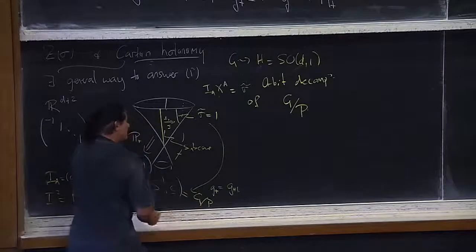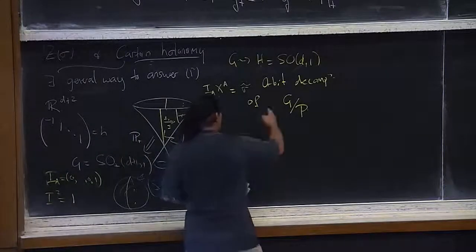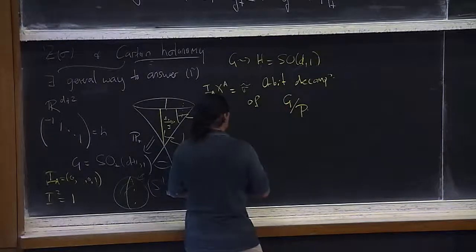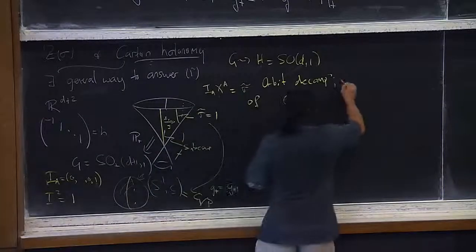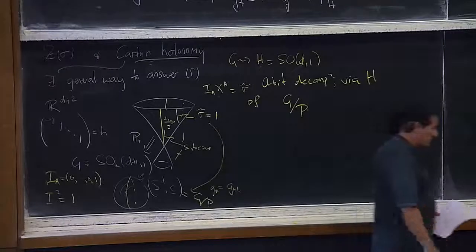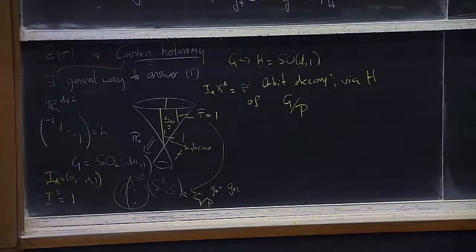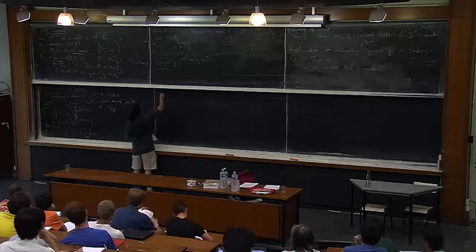This is a homogeneous space, and here we have this orbit decomposition via the action of H on this homogeneous space. Okay, so we want a curved version of that picture, with the reduction now. So what's the curved version?